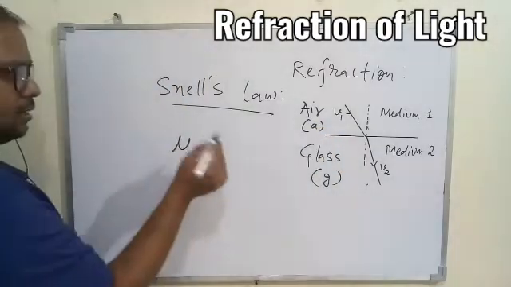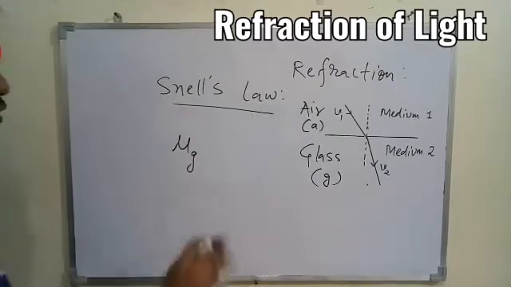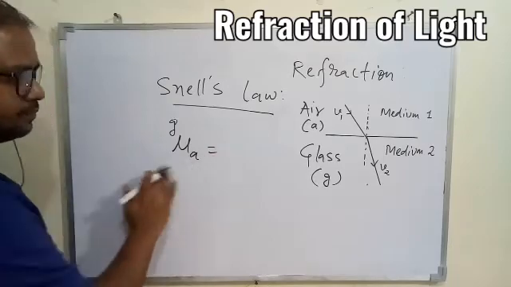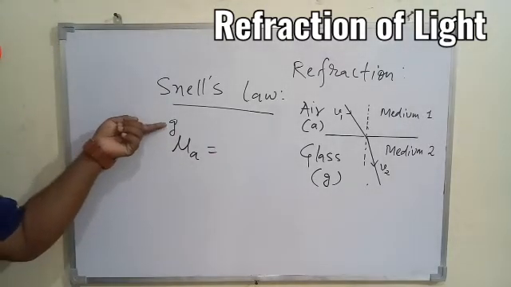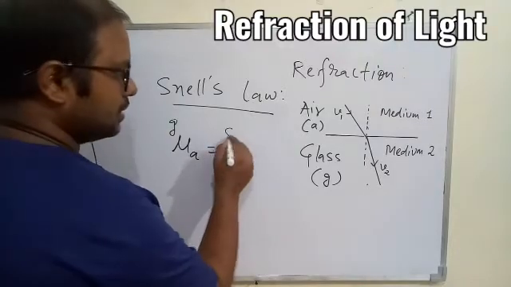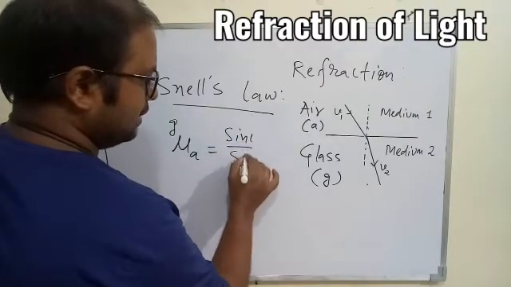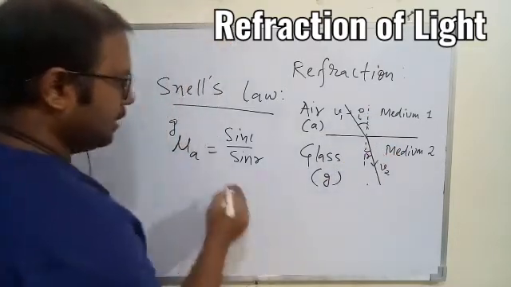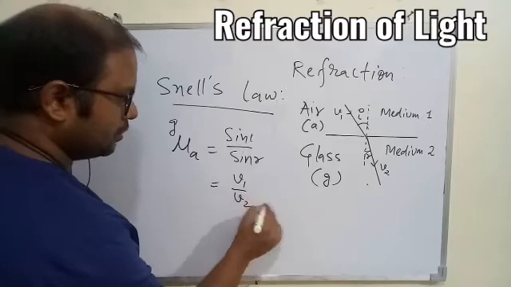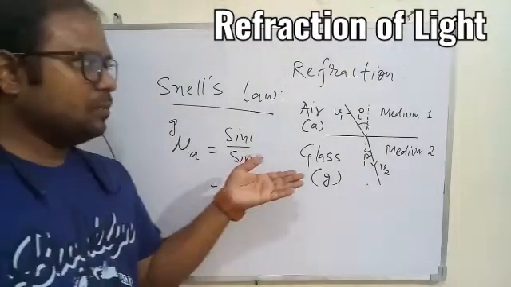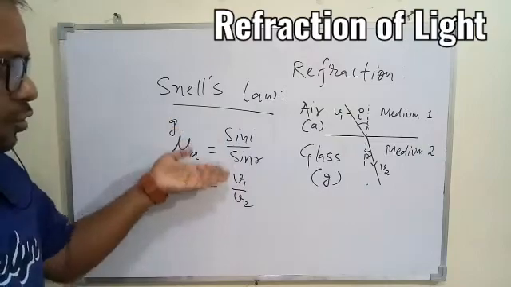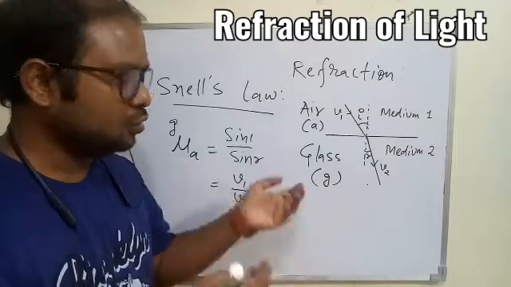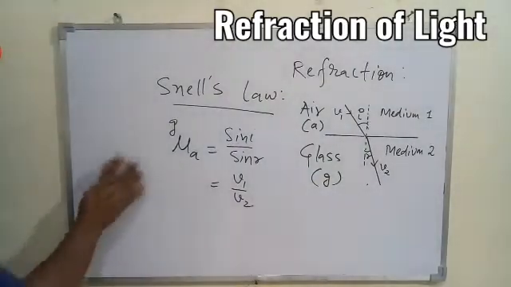So the refractive index of glass with respect to air will be nothing but sin i upon sin r, where this angle is i and this angle is r, and that is also equal to v1 upon v2. Always remember, when finding the ratio, it is sin i upon sin r, the speed of light in medium 1 divided by the speed of light in medium 2. That is what has to be taken care of.